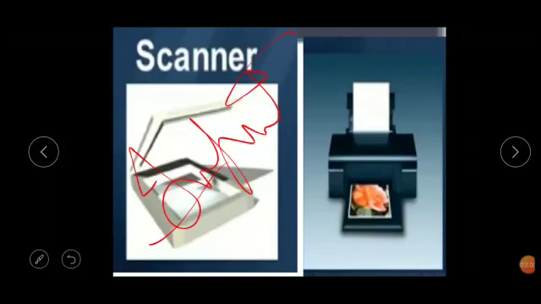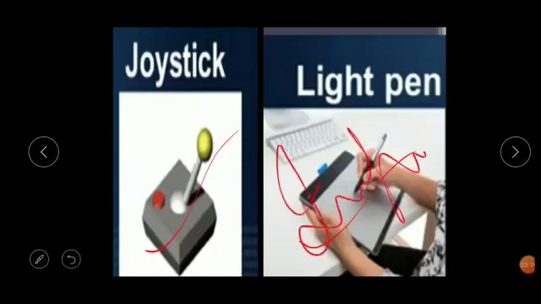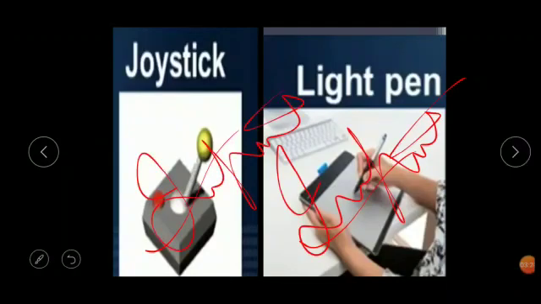Printer gives us a result in the form of paper, so this is an output device. Next, joystick, again we have seen it. Now a light pen is used to write anything, to give instructions, so this is an input device. And joystick is also an input device, as we saw in the first slide.